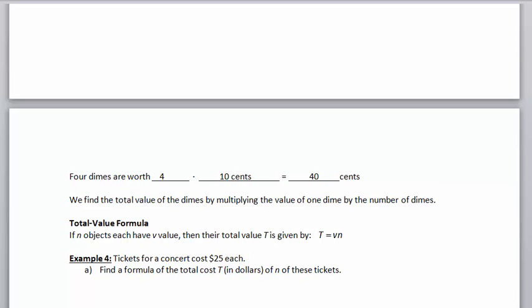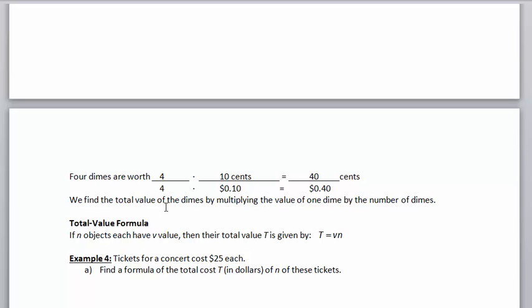If I wrote the same type of thing for dollars, I could say it was going to be 4 times 0.10 dollars, which is still a dime, equals 0.40 for 40 cents. So it's important to know that I'm calculating the value of something and it's a monetary value. I want to know what my units are supposed to be. If I want my units to be in cents, the value of a dime is 10. If I want my units to be in dollars, the value of a dime is 0.10.